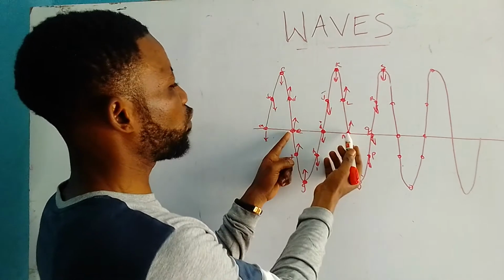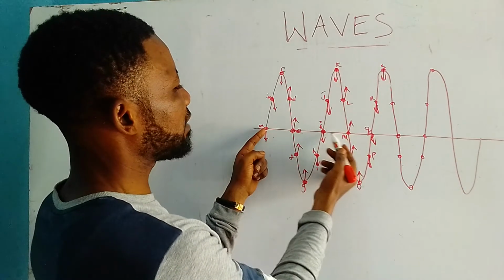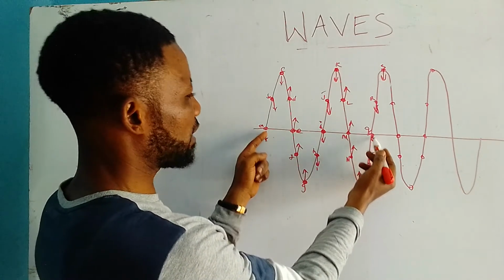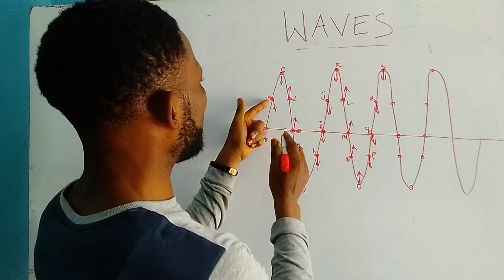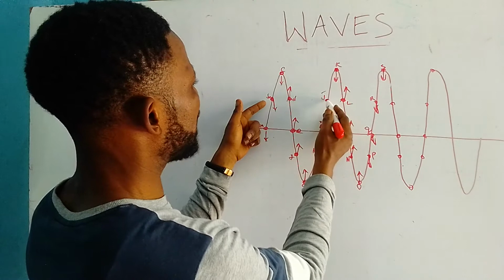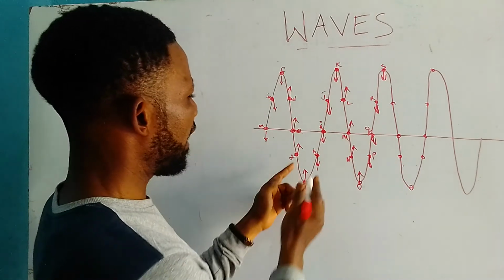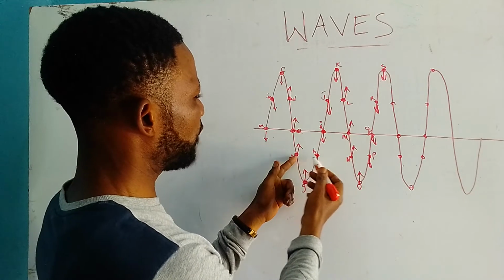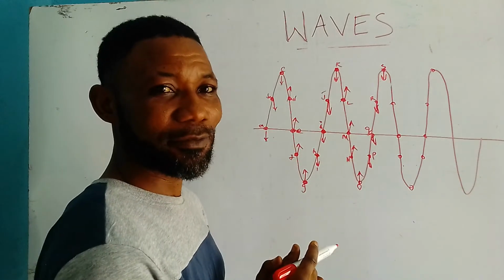E is in phase with M. A is in phase with I and is in phase with Q because they are all moving in the same direction. B is in phase with J and is in phase with R. They are all moving in the same direction. F is in phase with N. They are all moving in the same direction.